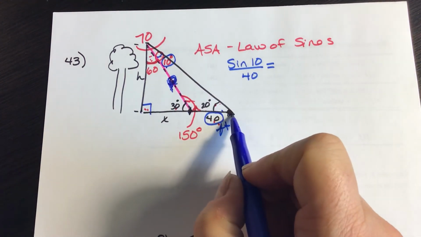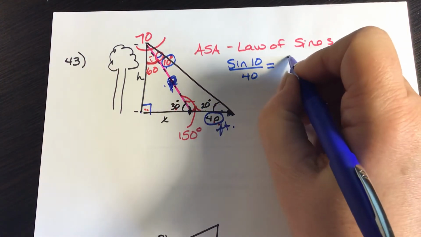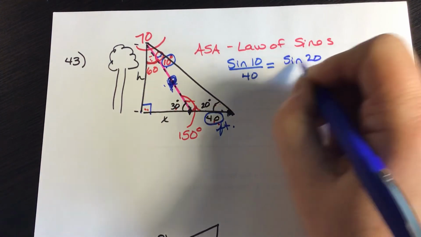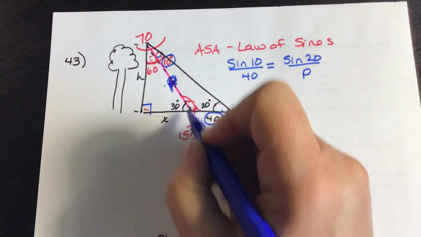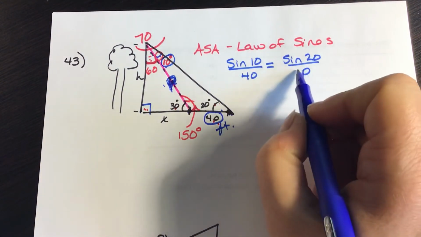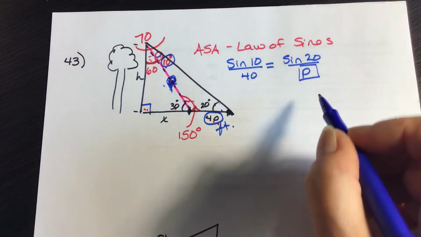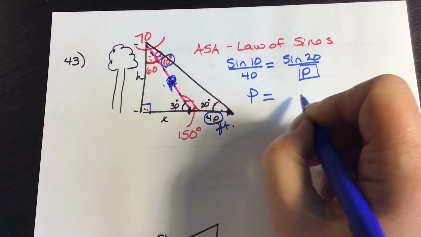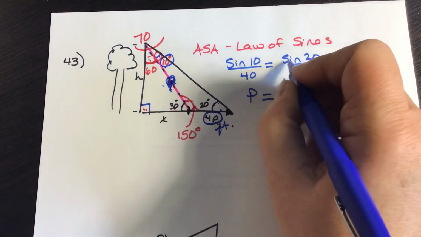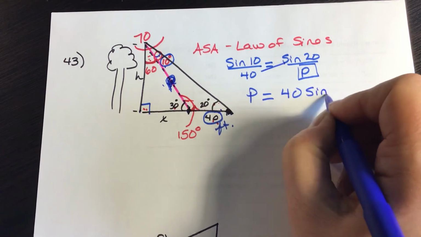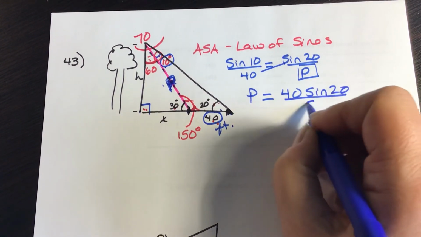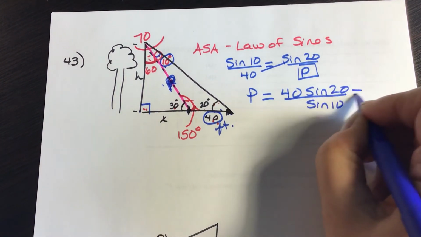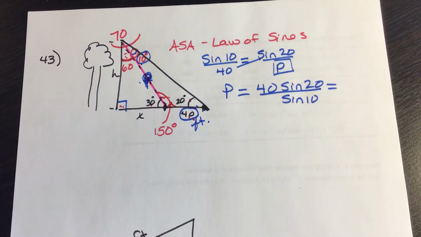So sine of 20 over p. So this side right here, I can find if I solve this equation. So p is going to be 40 times sine 20 divided by sine 10.